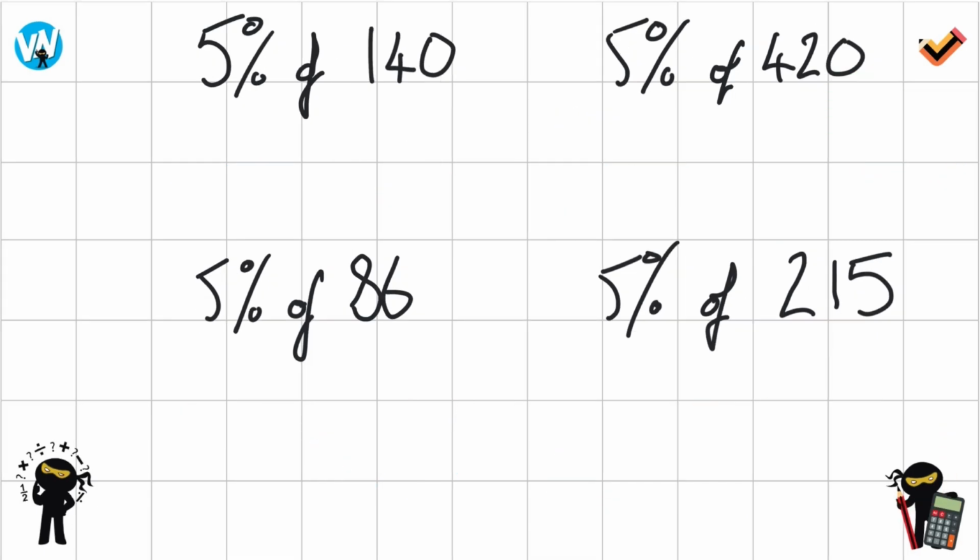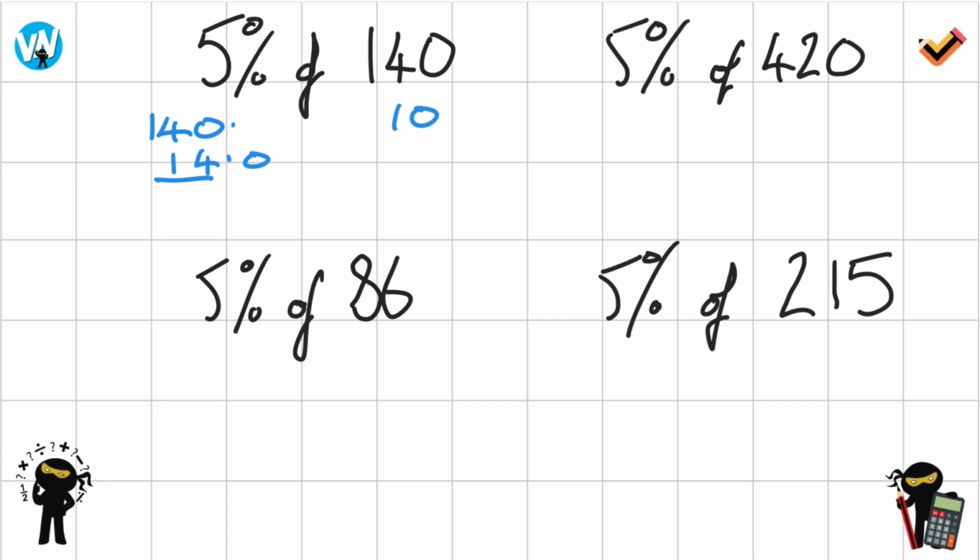So now that we can find 10% and 20 and 30 and 40 and 60 and 70 and 80 and 90 by finding 10%, the next skill to master is finding 5%. All right. So to find 5%, we need to find 10% first. So we're still doing everything that we've been doing before. So 5%, so let's find 10%. So 140 is going to be 14. So we know that.